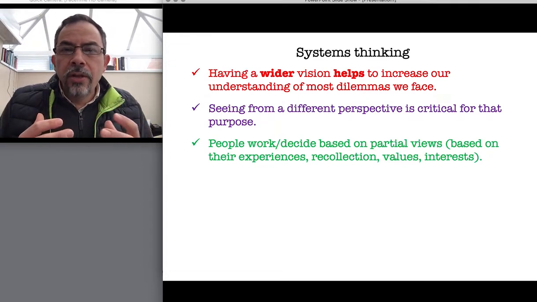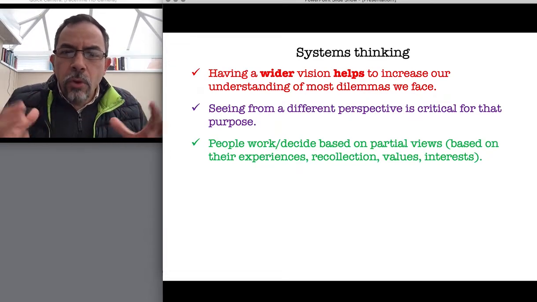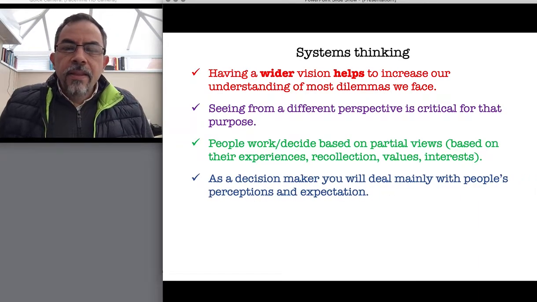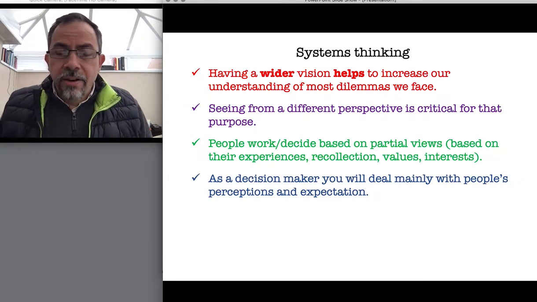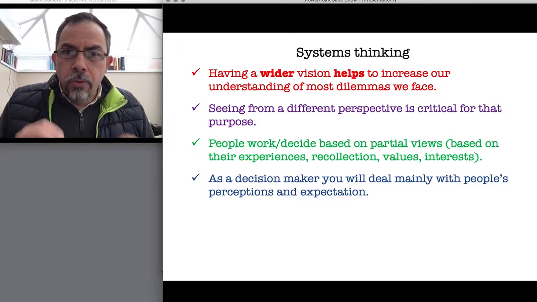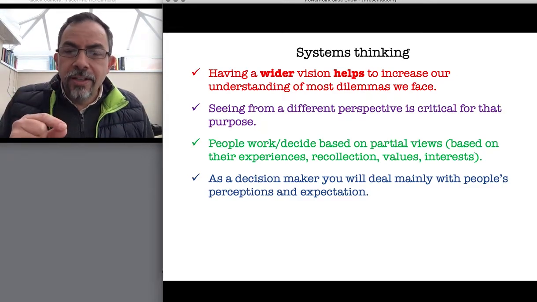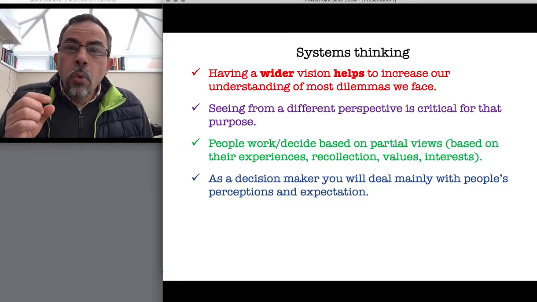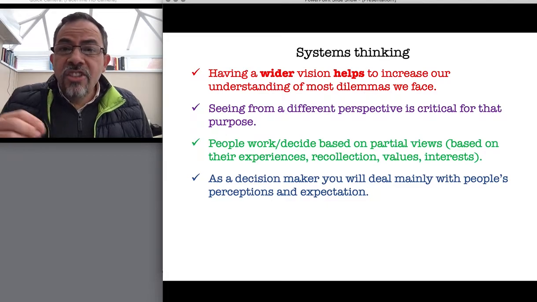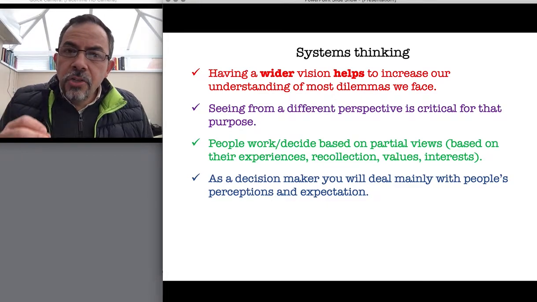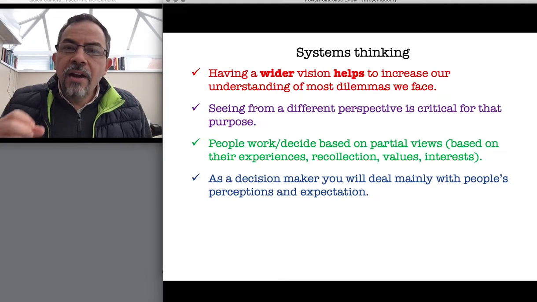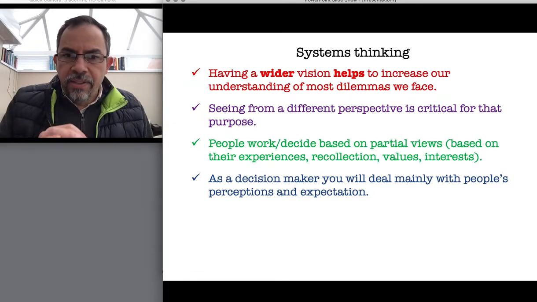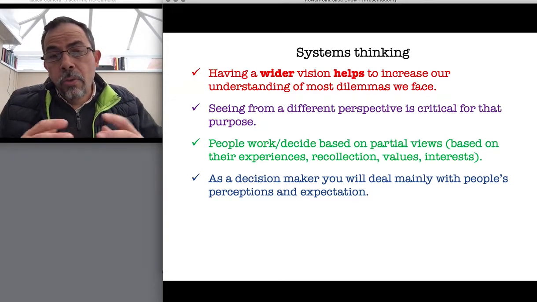And the best way to learn is by asking others how they understand, how they view a particular problem. Remember, as a decision maker, because all of you will be working in contexts where you will be making decisions, decision makers are faced, when they deal with people, with two main aspects of the human trait.